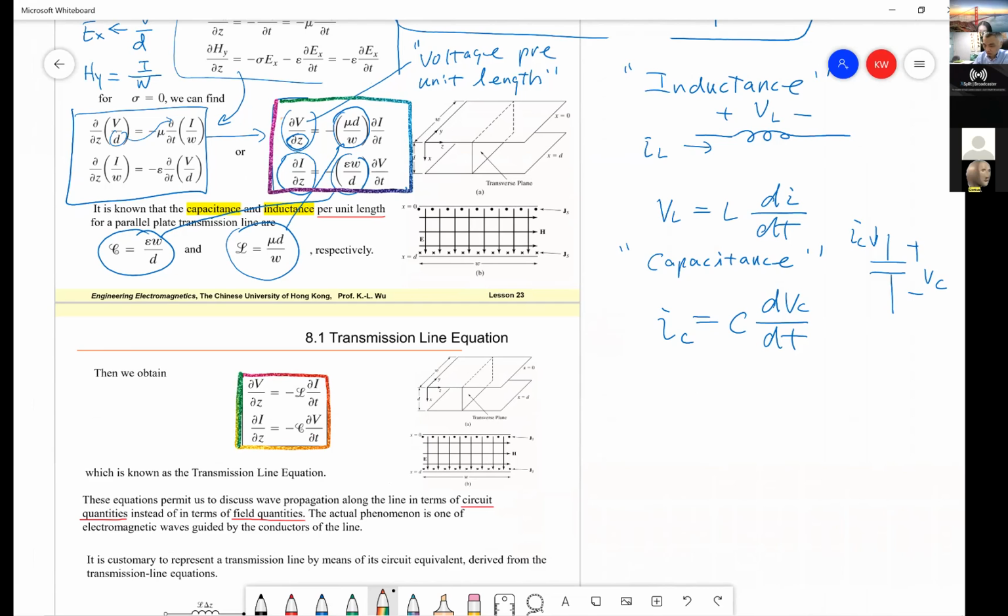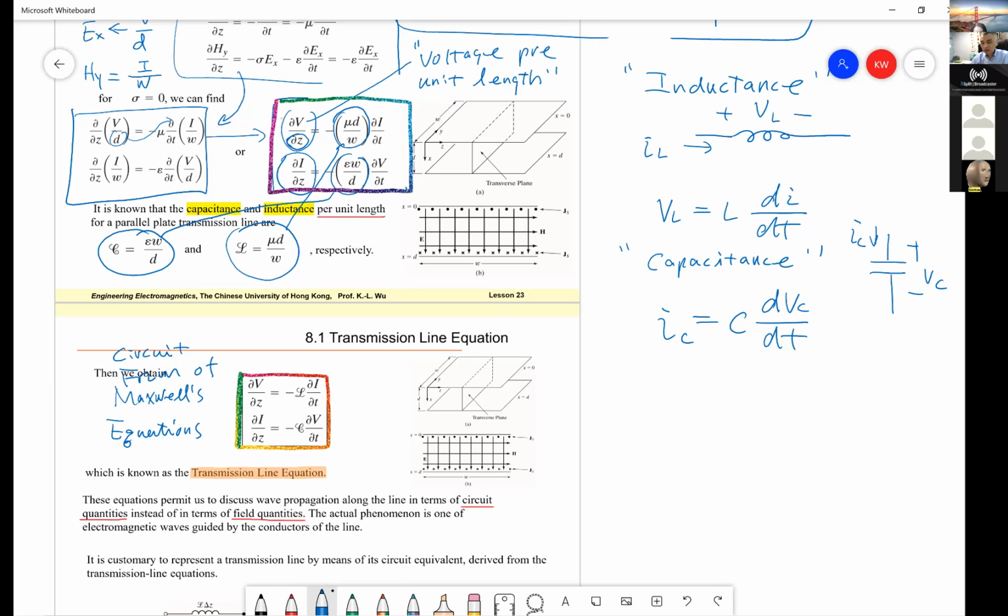Okay, we call it the transmission line equation. So that means the voltage and the current down a transmission line are governed by this set of equations. This is also the circuit form of Maxwell equations.